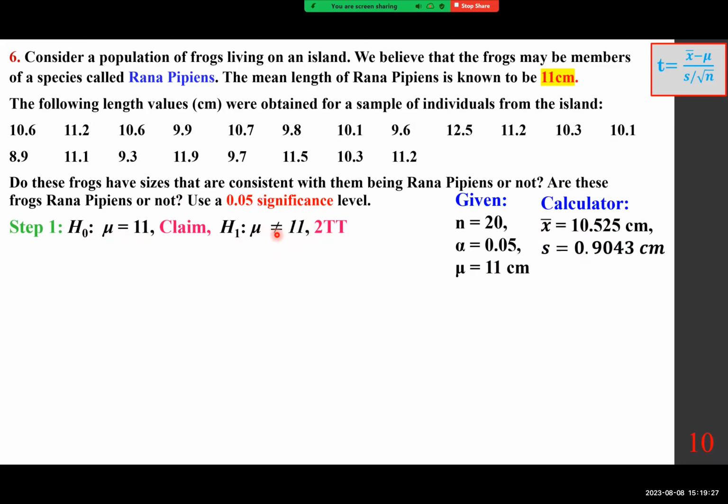The reason you say it's not 11 is because if it's other than 11, then it's not the species you want. If it is, yes, it is. So we're going to call this the claim, meaning if we end up here, then yes, they are Rana pipiens. If not, whether it's less than or greater than 11, it won't work, and it makes it a two-tailed test.